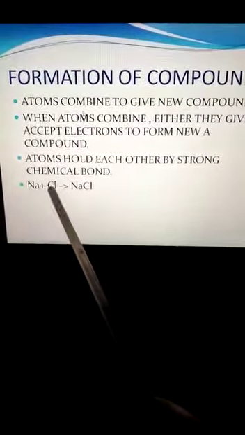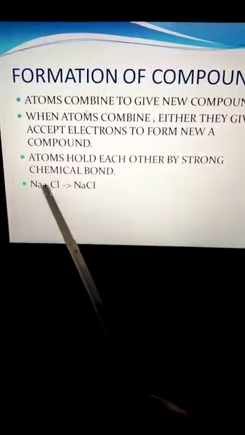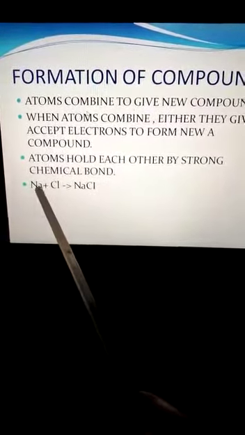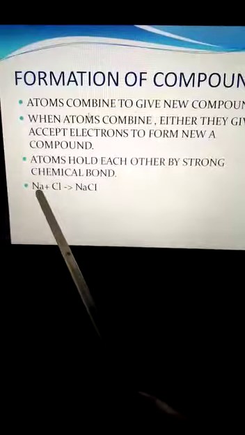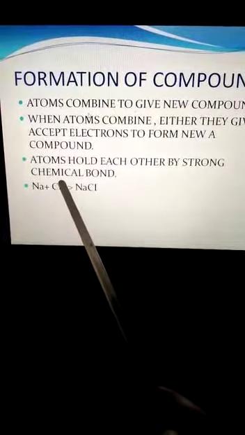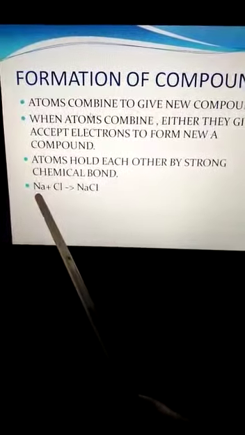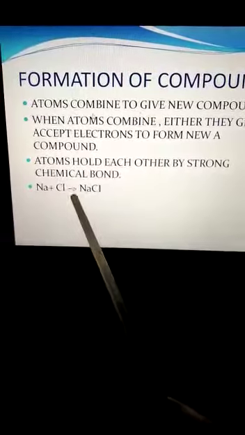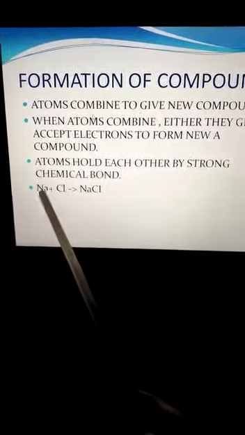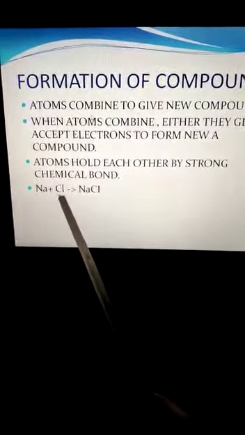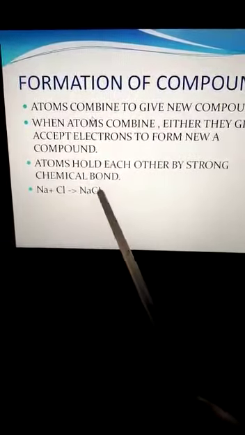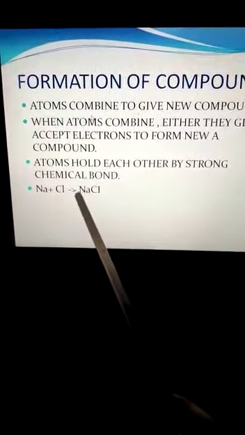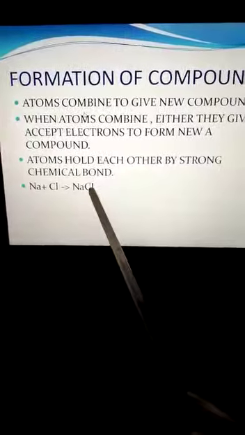When sodium and chlorine combine, sodium has valency +1 and chlorine has valency -1. Sodium donates and chlorine accepts one electron to form a strong chemical bond and give a stable compound.